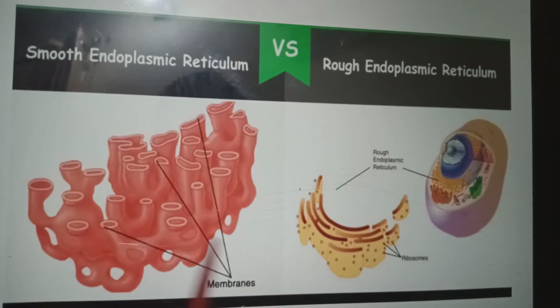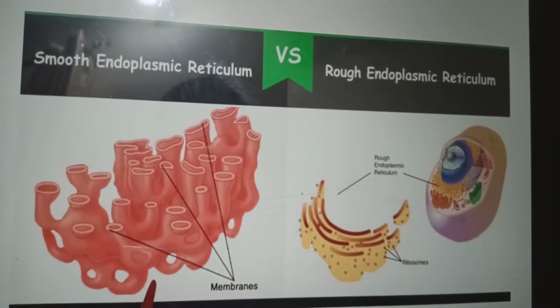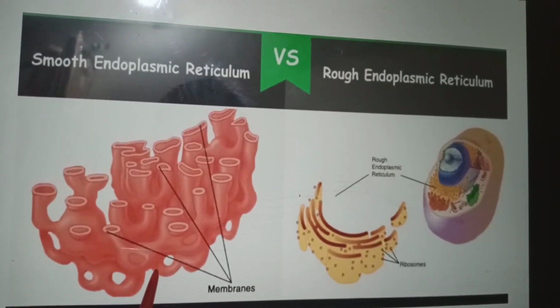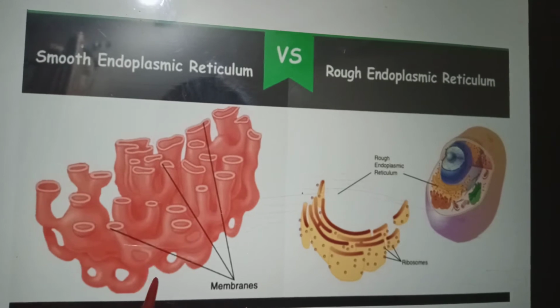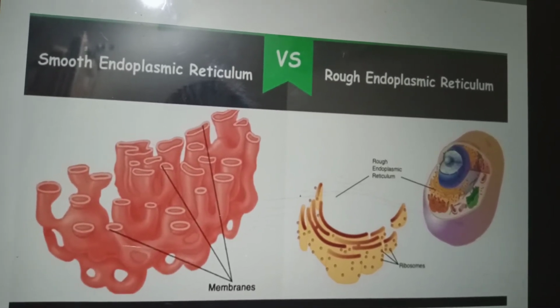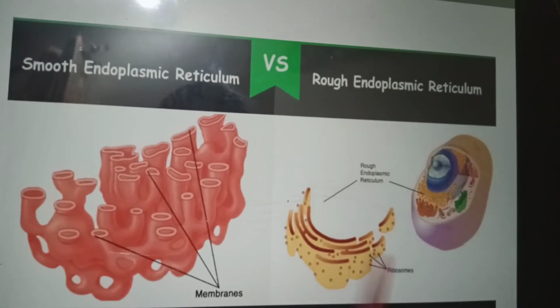Smooth endoplasmic reticulum lacks ribosomes and is involved in lipid metabolism and in the transport of materials from one part of the cell to another. It also detoxifies the harmful chemicals that have entered the cell.